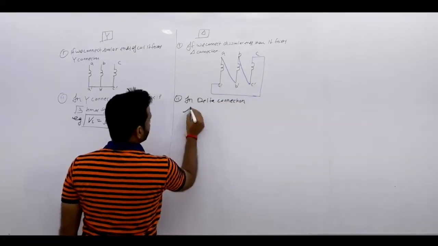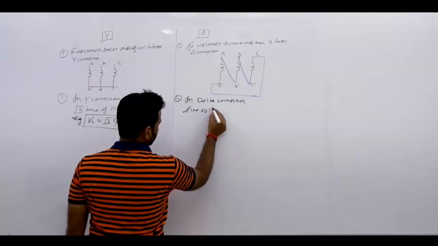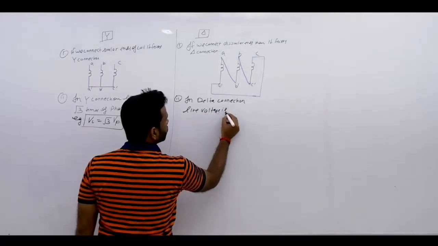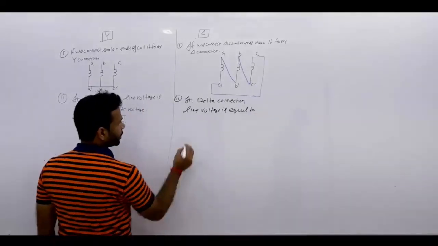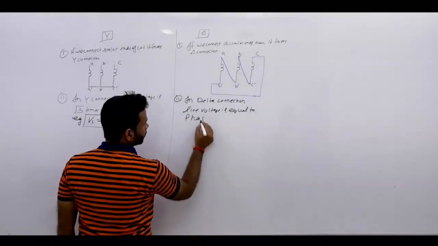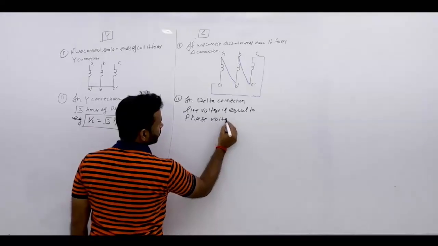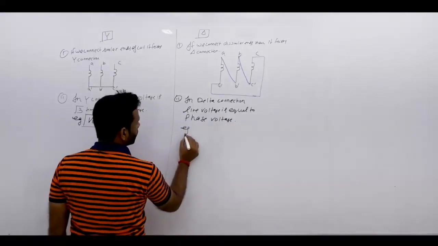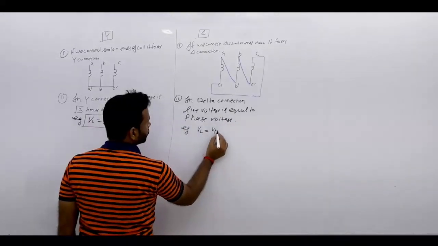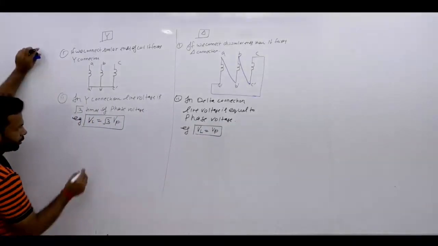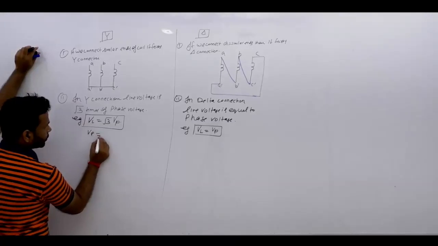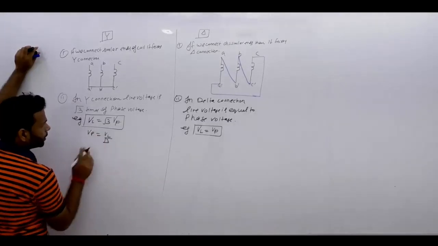In delta connection, line voltage is equal to phase voltage. That is, VL is equal to VP. Now from this, if you see, VP is equal to VL upon √3.